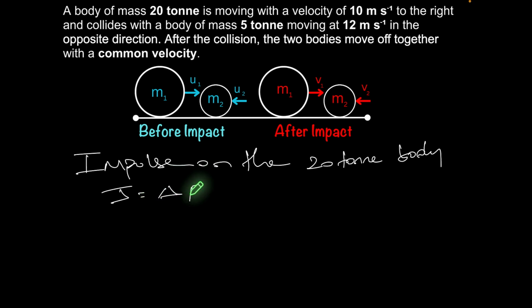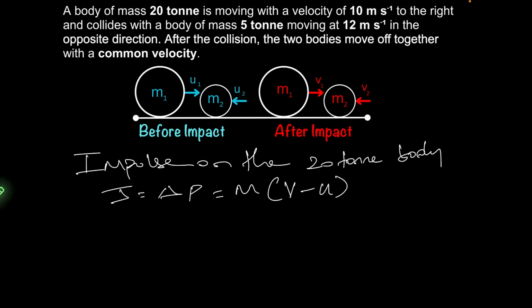So that's the symbol for momentum, that curly looking P. And that formula that we had earlier was mass multiplied by change in velocity there. Or it's the same as force multiplied by the time taken. But because we're not using time as a factor in this context, we're just using the velocities and the mass, then this is the appropriate formula.